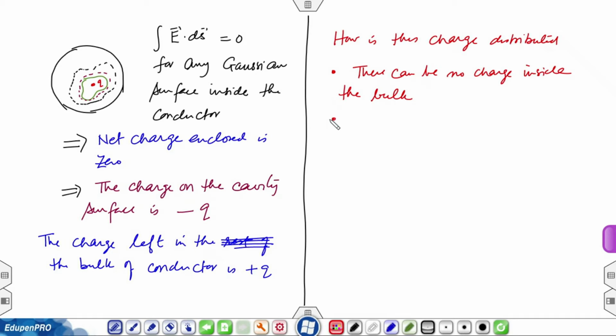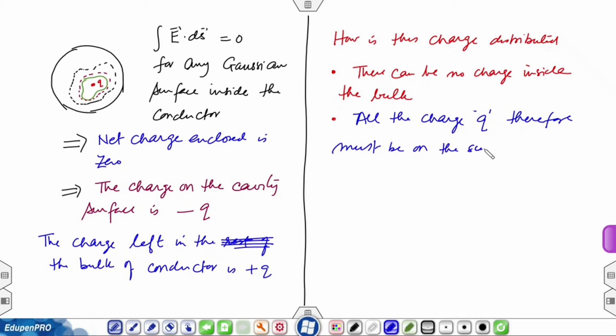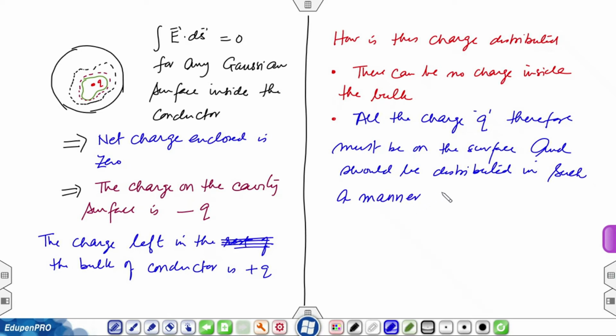Number 2, all the charge q therefore must be on the surface, and should be distributed in such a manner that it gives E equal to 0 in the bulk.